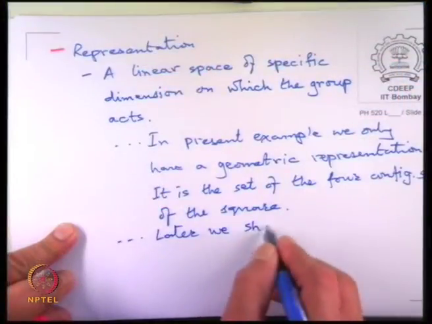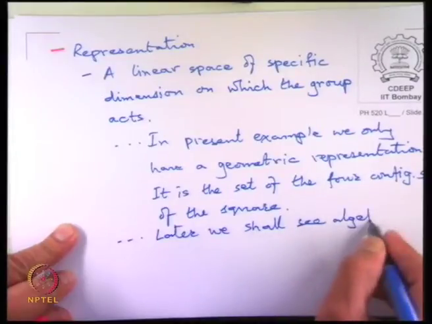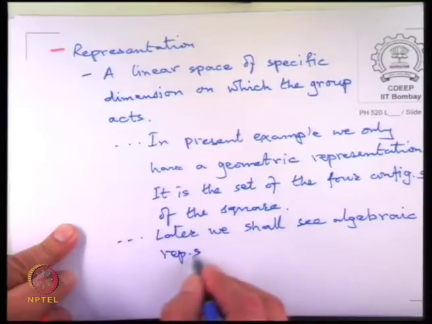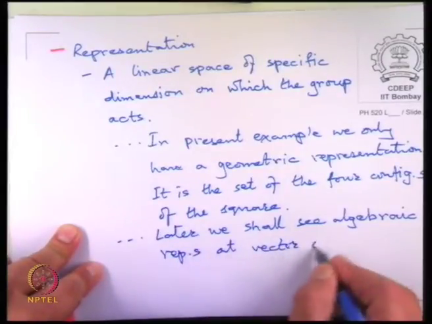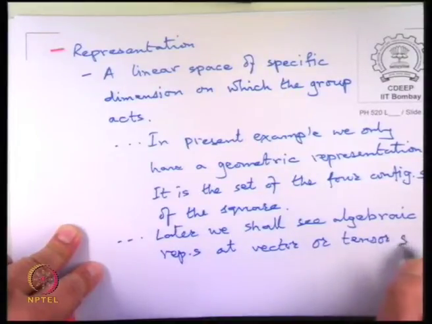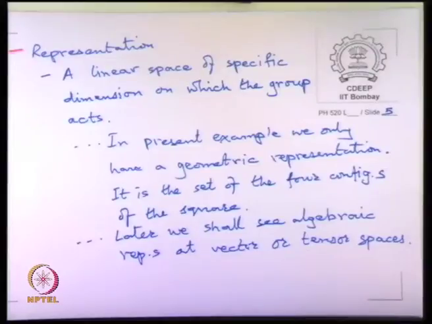So, we will have more concrete algebraic representations later, as vector or tensor spaces. So, we are going hand in hand, setting up some examples, but also setting up some terminology.